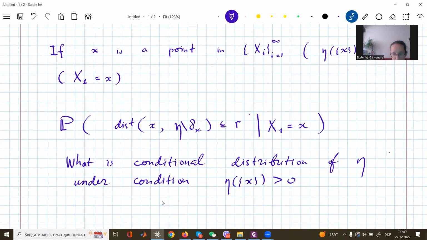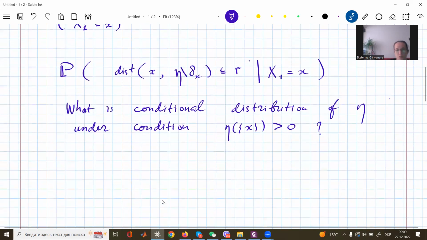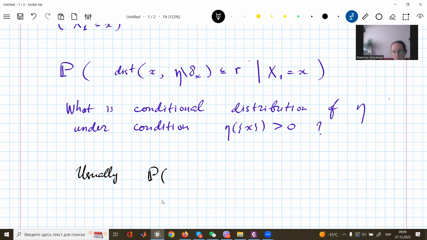Usually the probability of such an event is 0. Usually the probability that some specific point belongs to a point process is 0.